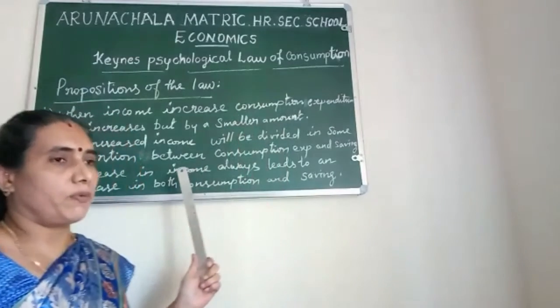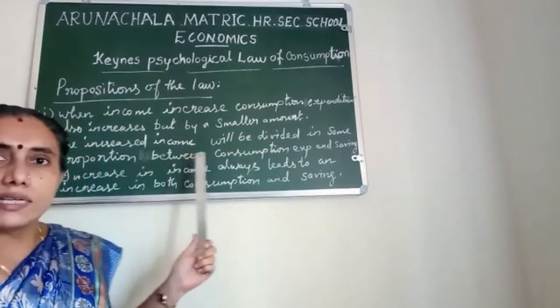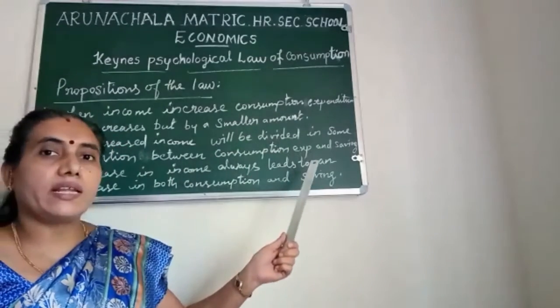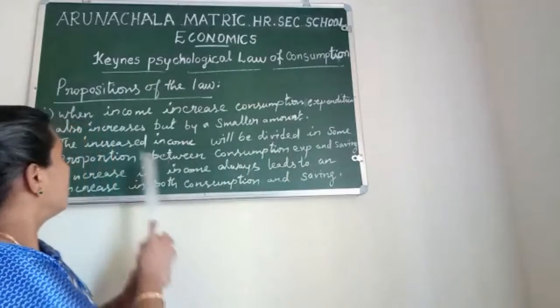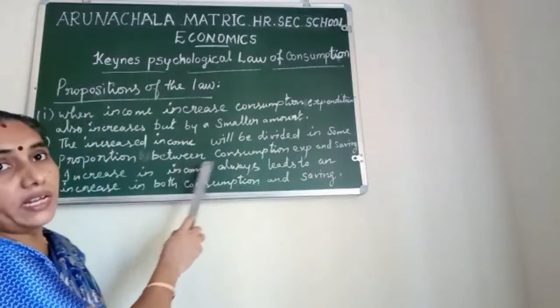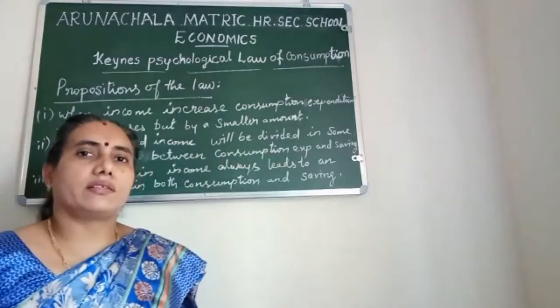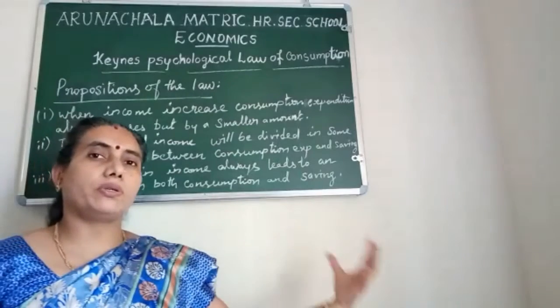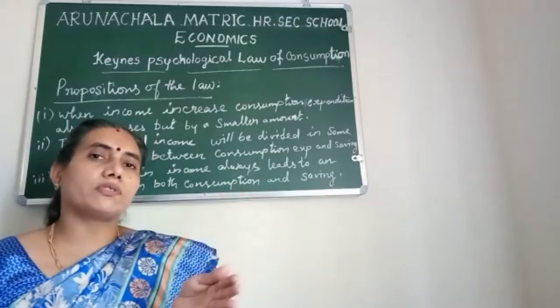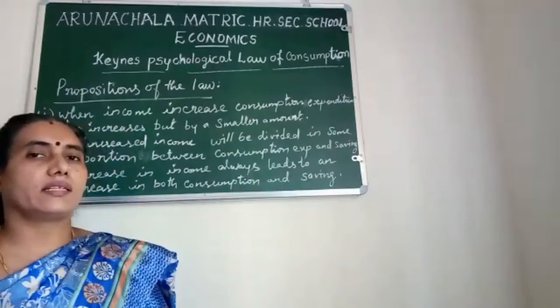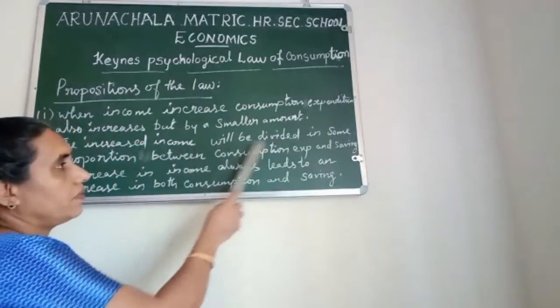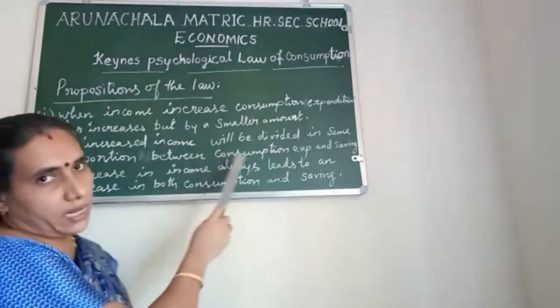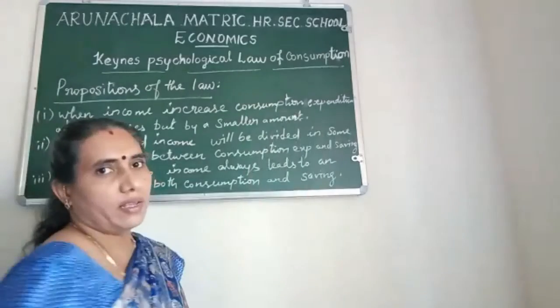Then the second proposition, the increased income will be divided in some proportion between consumption expenditure and saving. Some portion will go to consumption, some portion will go to savings.